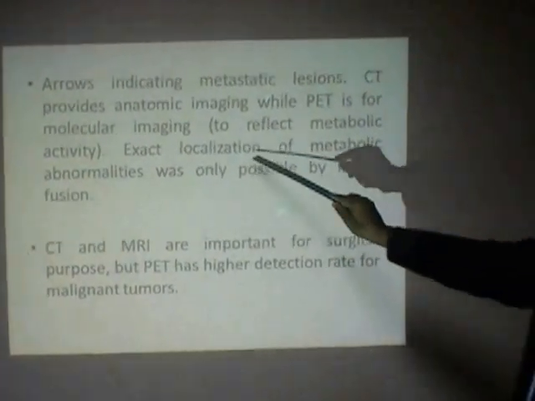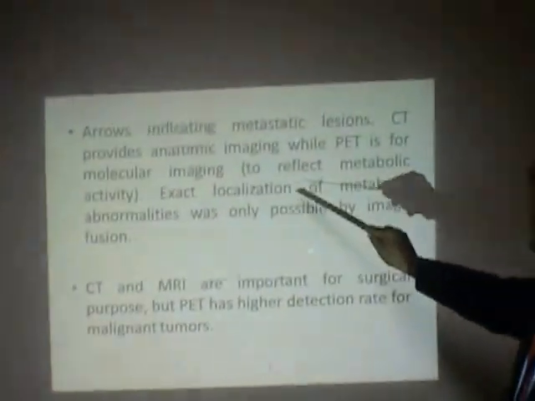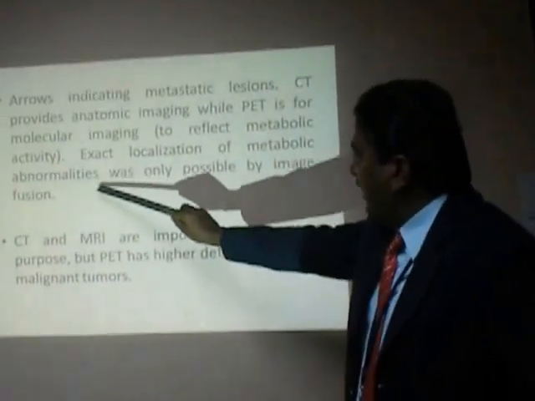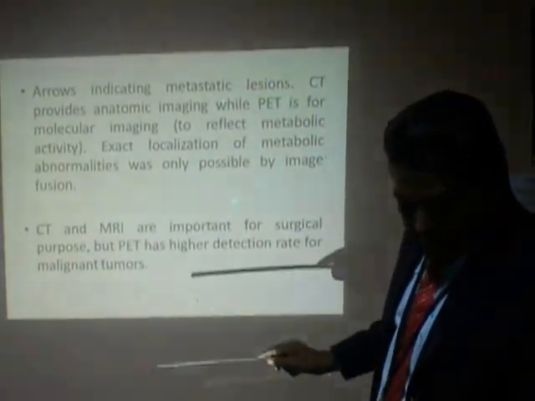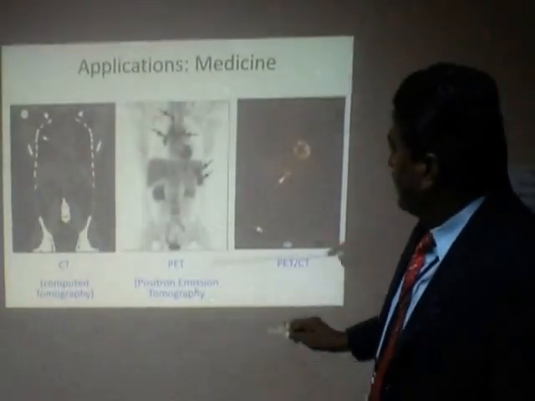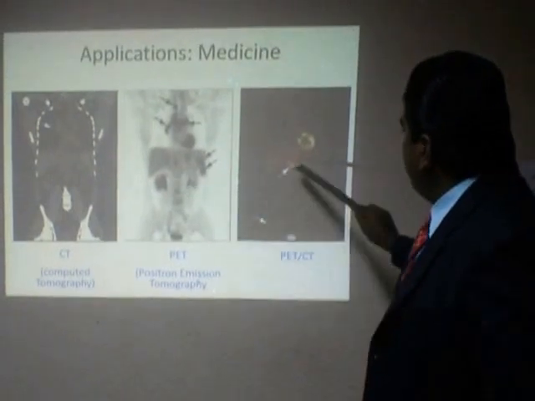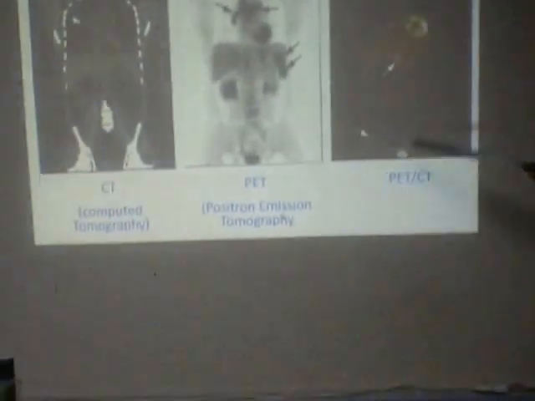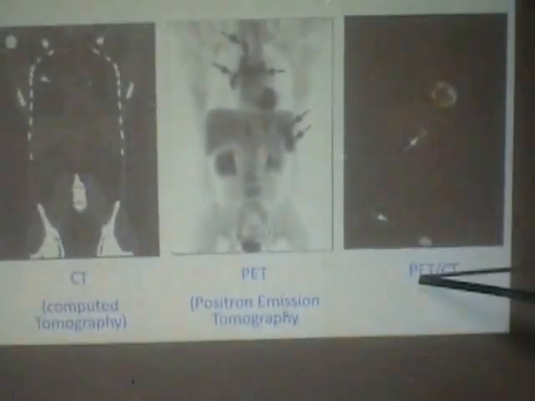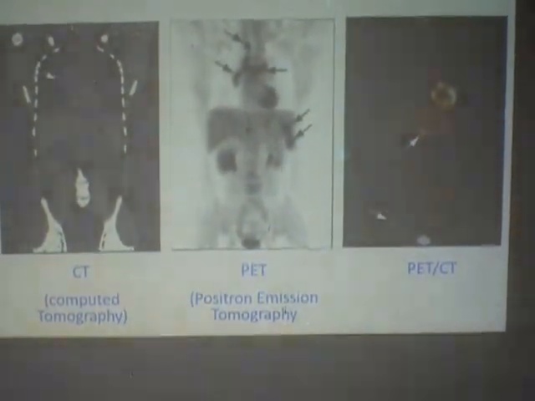To extract the exact localization of the metabolic abnormalities, the only possibility is to fuse both CT and PET images; abnormalities we have to find out with the help of the combination of PET and CT images.